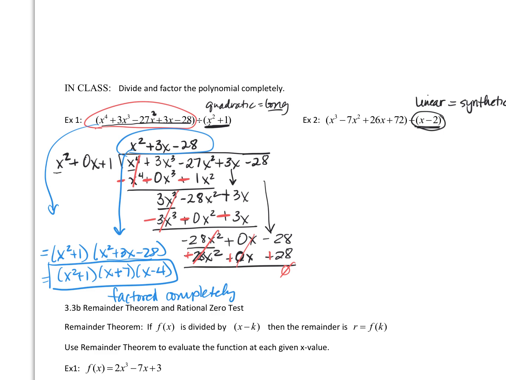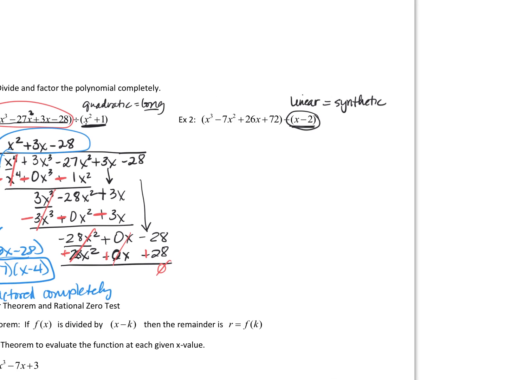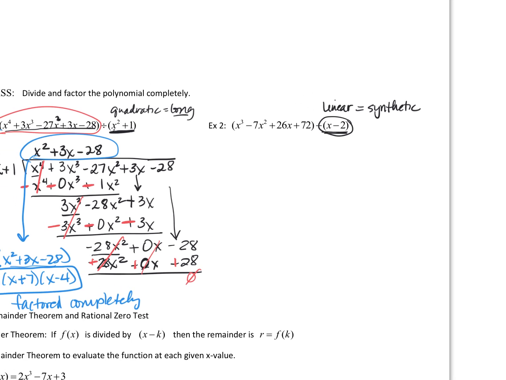All right, now let's try a synthetic division one. These go much faster. But again, everything has to stay in exponent order. All right, and my little divisor bar looks like that now. So I'm going to line up my coefficients in descending exponent order.